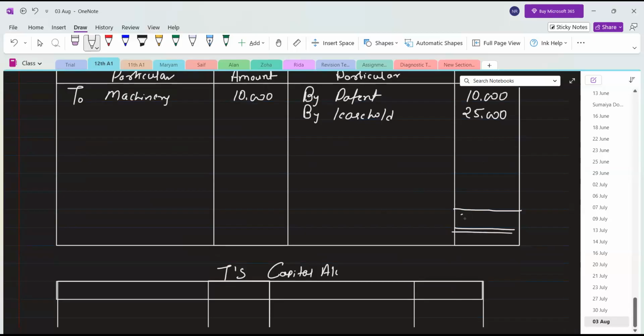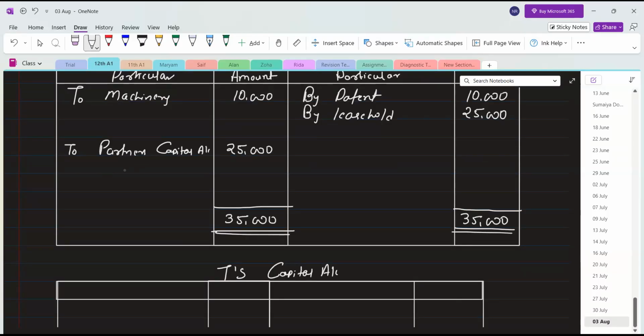So it is 35,000 to partners' capital, 25,000, R, S and T. It will be 12,500, 7,500, and 5,000.